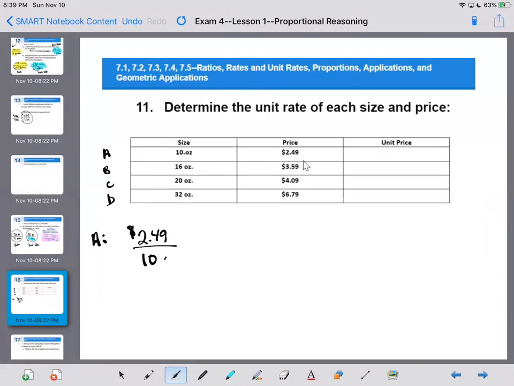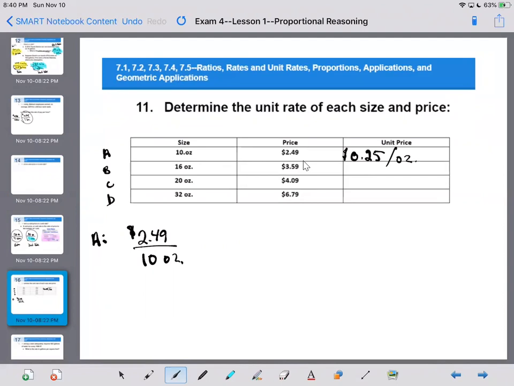Well, I'm dividing it by 10, so I know I'm getting smaller by 1 place value, so that's going to be about 25 cents per ounce. And all of this will be per ounce.